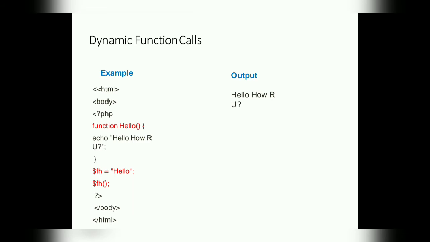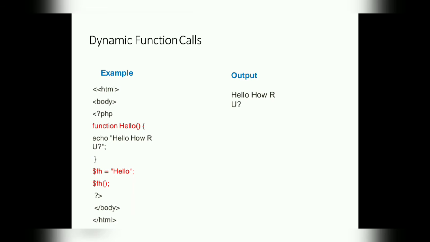So the example: the PHP script will start with the function hello. In that block, the echo statement is there: hello, how are you? Then the function block ends there, and outside the function block there is a variable $fh equals hello.